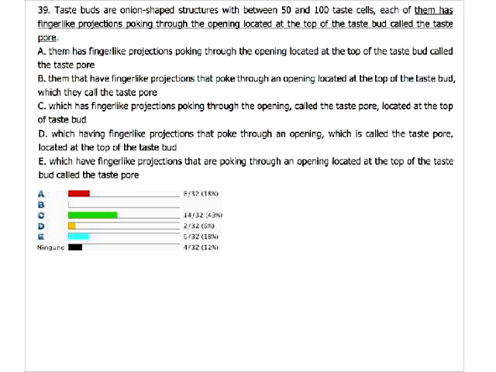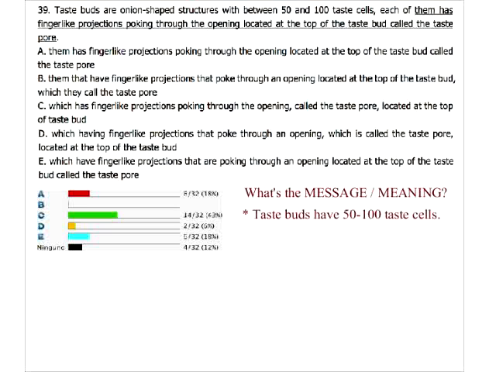Taste buds have 50 to 100 taste cells, and each taste cell has these projections. And the projections poke through an opening at the top of the taste bud.